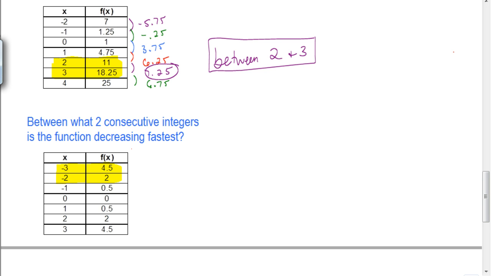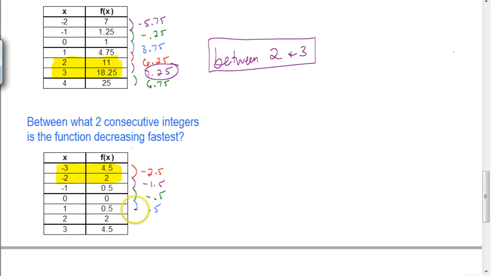To illustrate that, if you find the difference between these two, you end up getting -2.5. The difference between the next consecutive integers is -1.5. The difference in the next consecutive integers is -0.5. The difference in the next set would be +0.5.